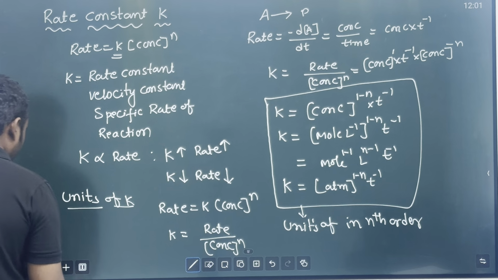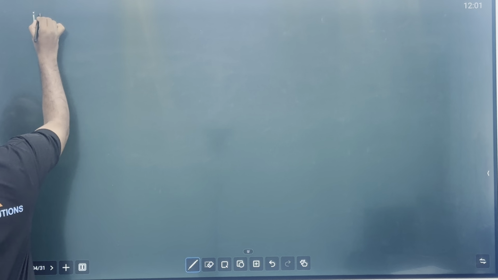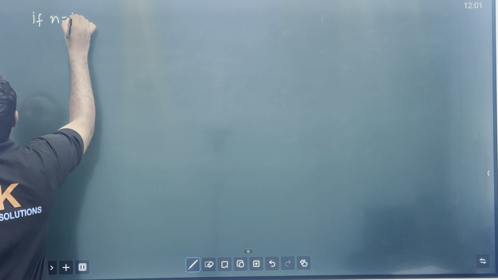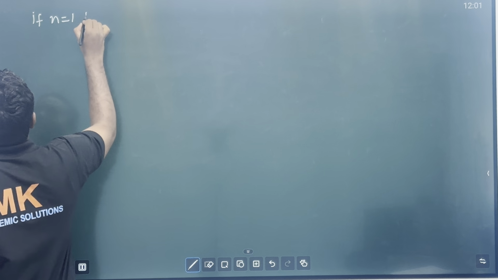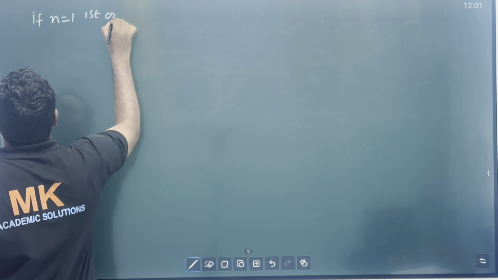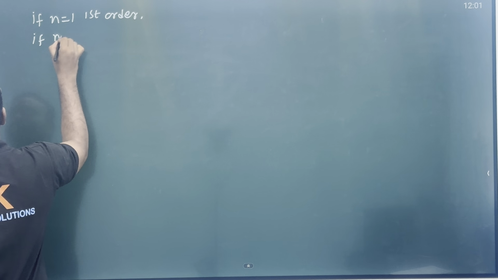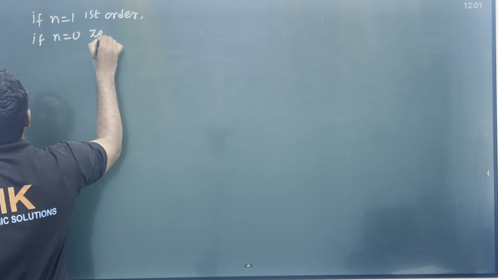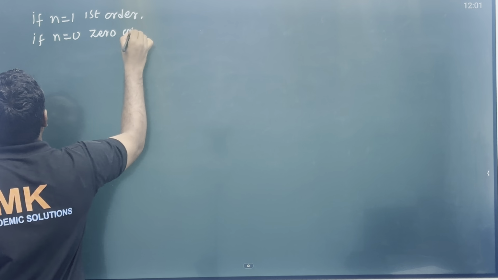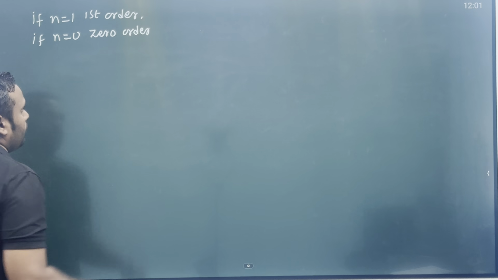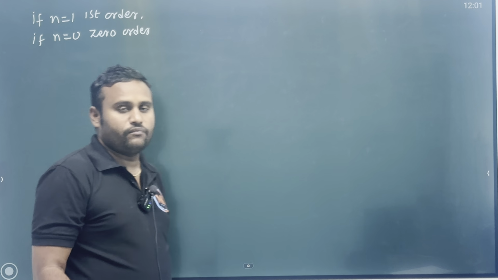For example, if n is equal to 1, that is first order. If n equal to 0, that is zero order. Like that, if n is equal to 2, second order, if n is equal to 3, third order.